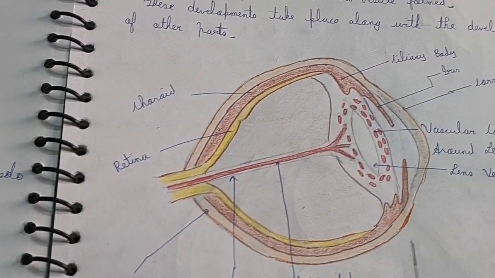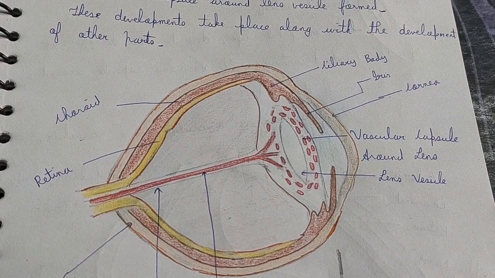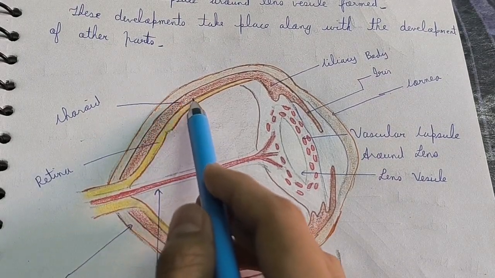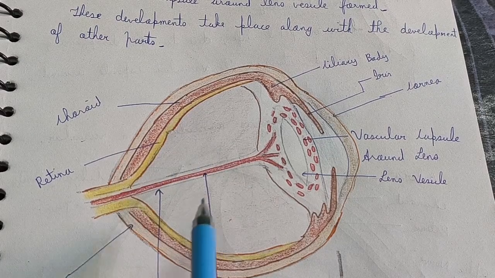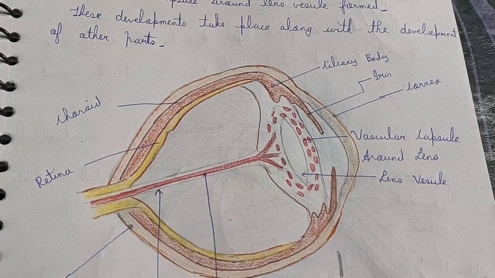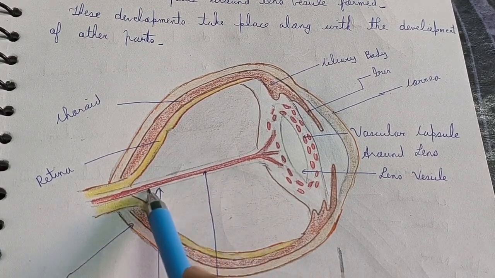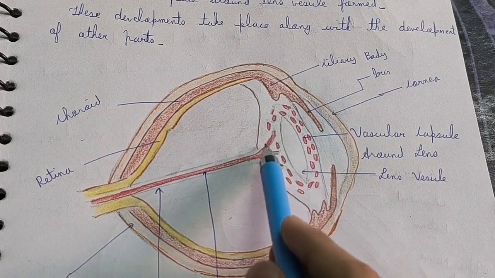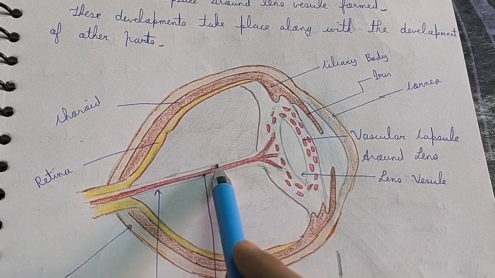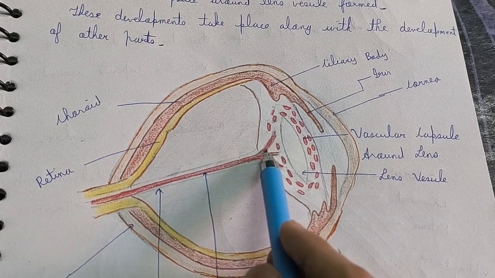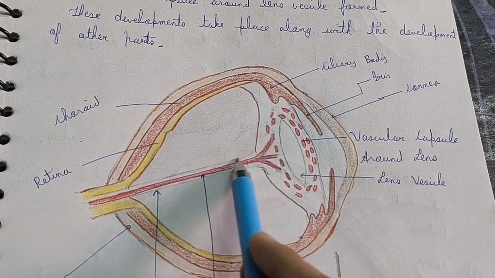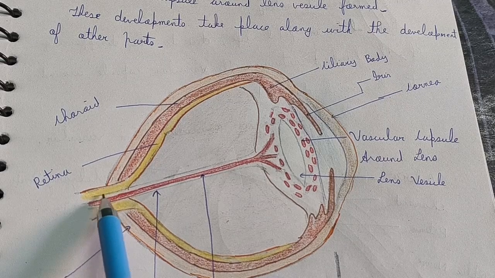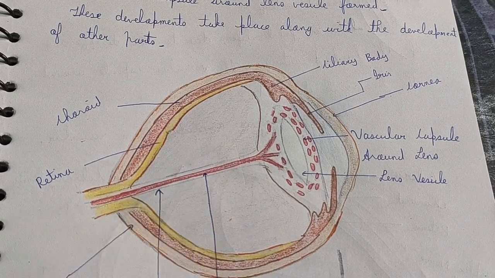So this is the final appearance: sclera, choroid and retina formation occurs, and this is the vitreous humor, this is the hyaloid artery, and this is the vascular capsule. You can see this hyaloid artery passing from the lens through the vitreous humor into the optic nerve part through the hyaloid canal.